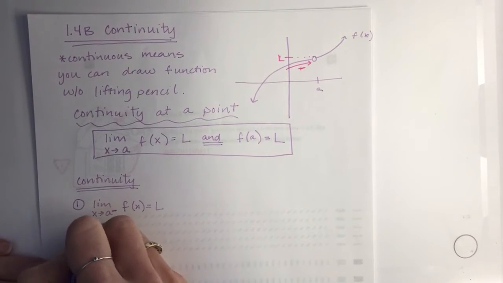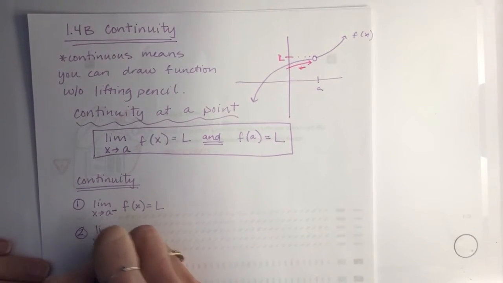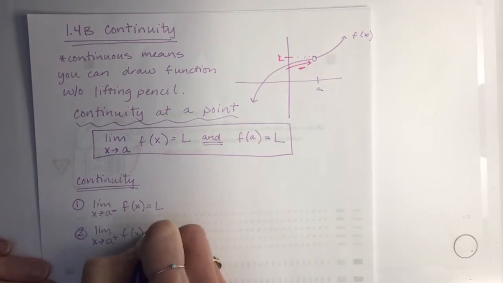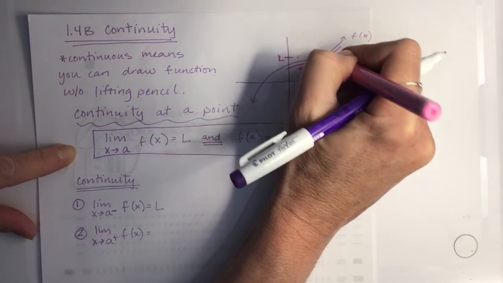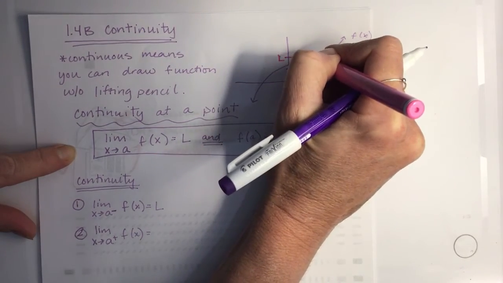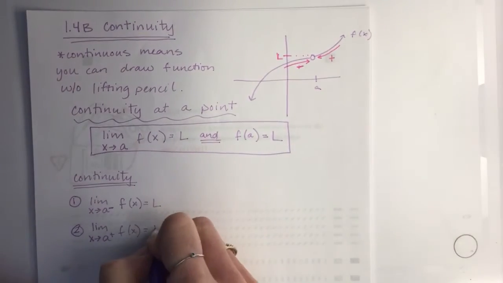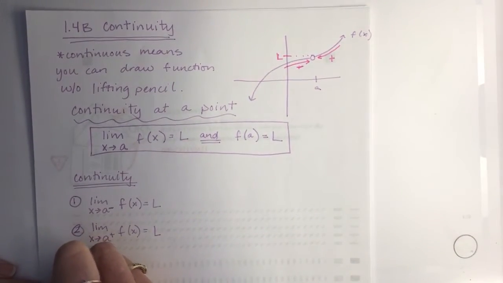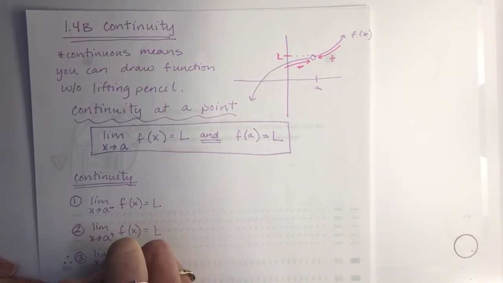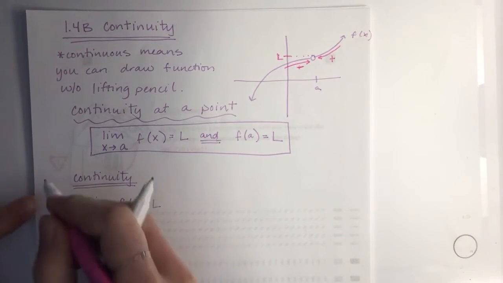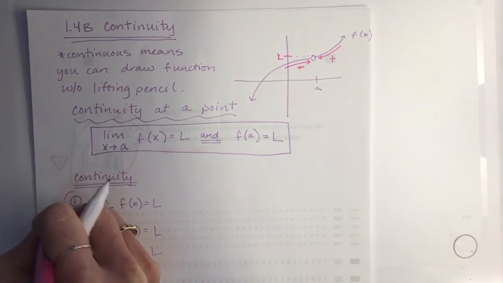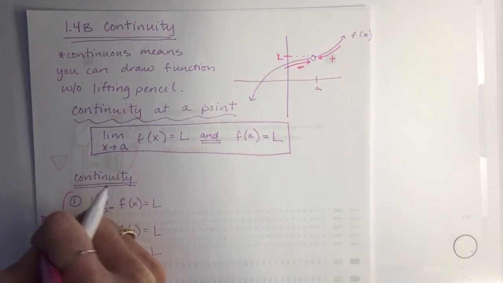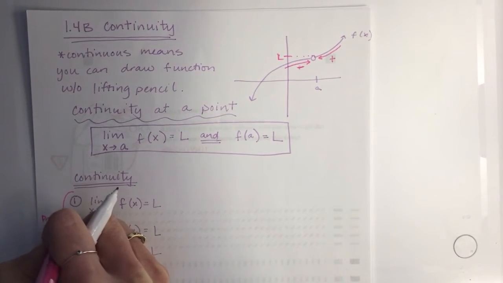Then our second step, we prove from the right side: we go towards A from the right side, and we're also approaching L. Therefore, the limit of f of x is equal to L. So we just proved that the limit exists.